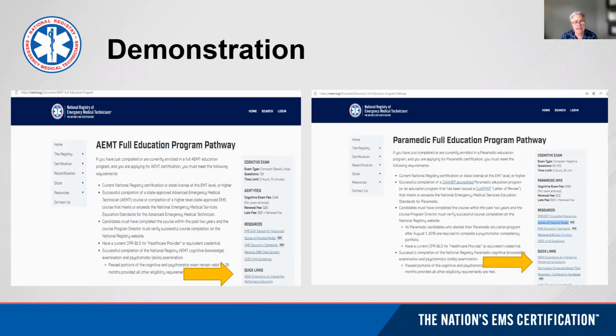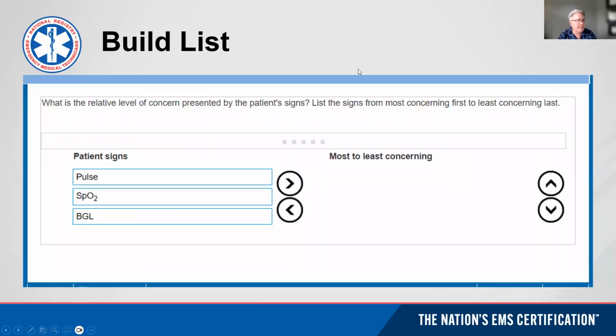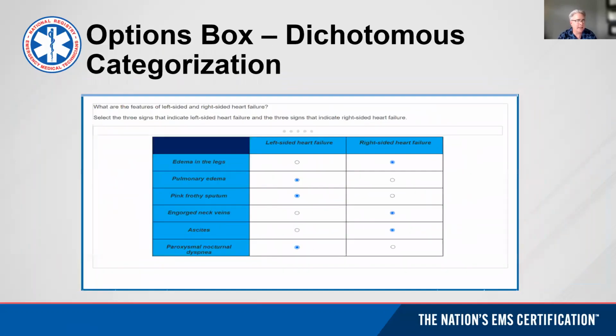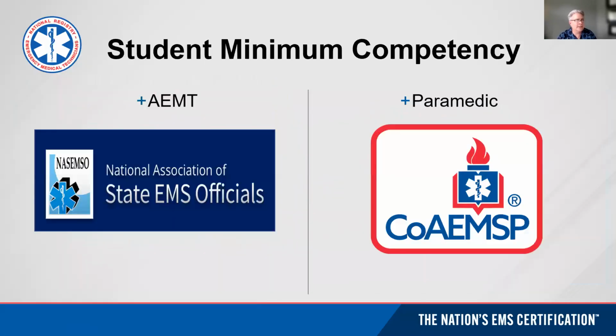Those had been captured in the integrated out-of-hospital scenario, oral A, oral B, patient assessment trauma, and patient assessment medical. And so with this concept of clinical judgment being picked up in the performance examination at the Pearson VUE Center, we now have to focus in on, well, how do we capture this psychomotor? How do we know candidates are competent in that psychomotor domain, which leads us to this concept of SMCs.